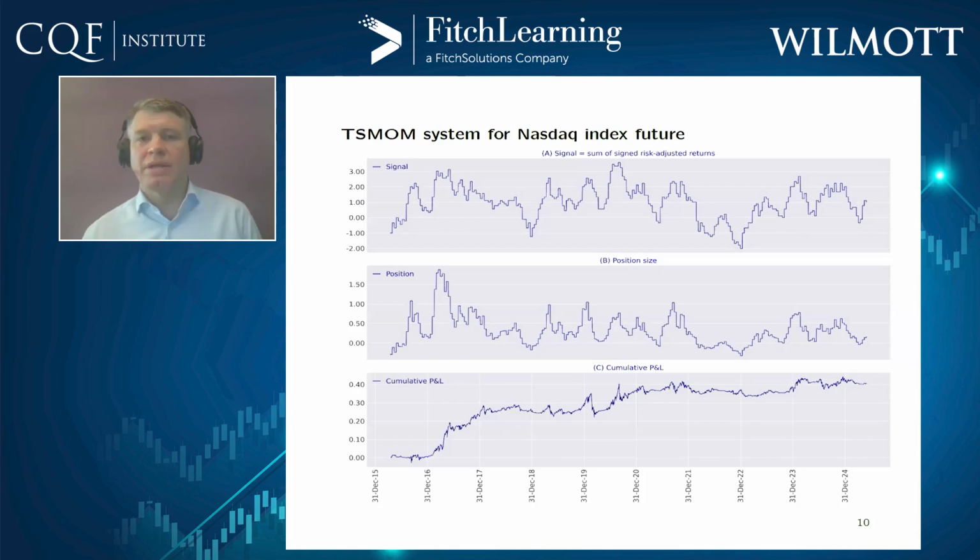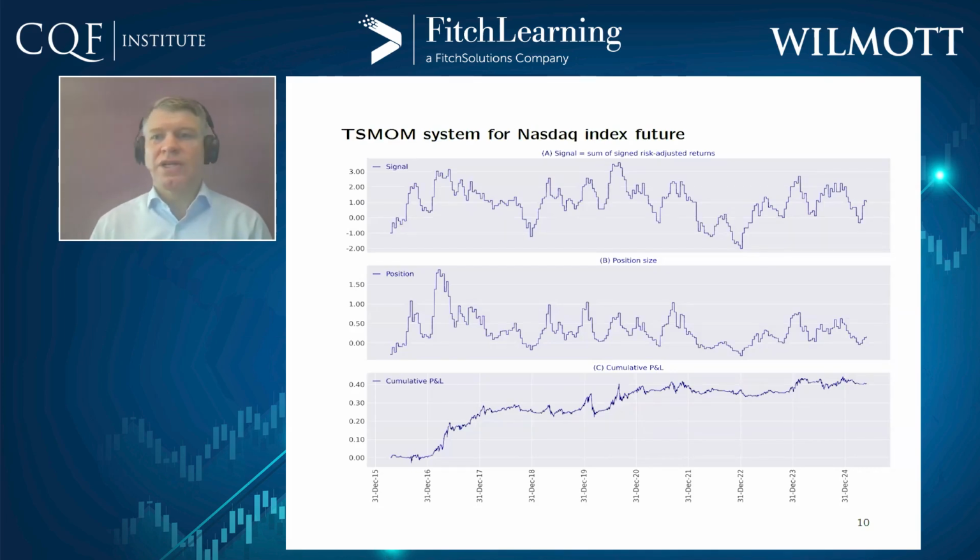And here I also show you the empirical results of applying this strategy on an actual future. As I said, this is based on, say, 12 months momentum, but computed at certain periods, like monthly or weekly. In this particular example it is bi-weekly.